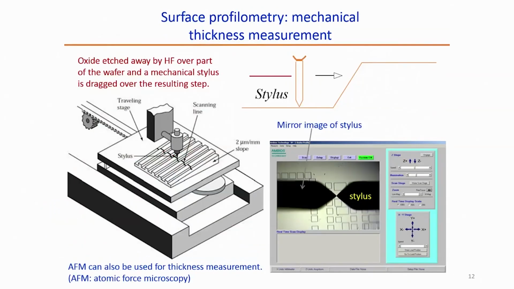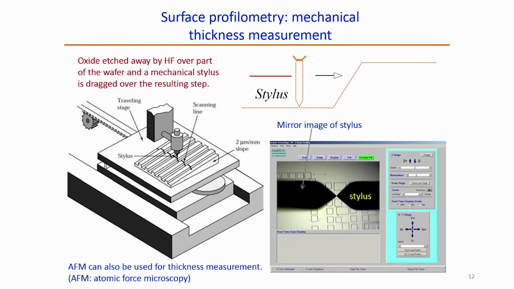Let us see. The first technique is called a surface profilometer, also called an alpha step profilometer, in which we use a stylus to scan the wafer and get the thickness.